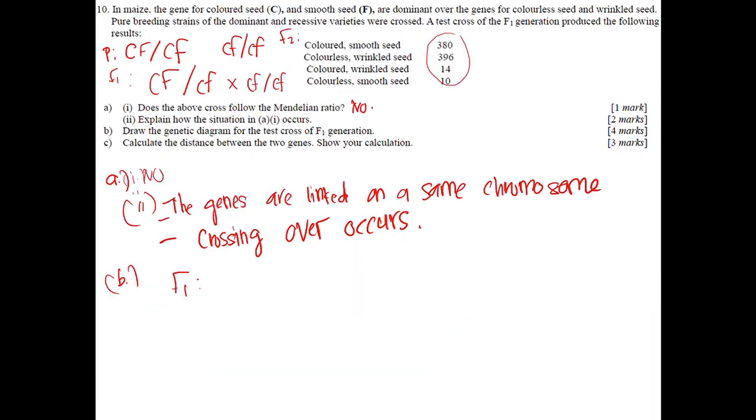And the last question, C. So kita balik guna slide ni. So C. Okay, calculate the distance between the two genes. Okay, so show your calculation. So ni kita guna formula COV. So equal to, biasakan diri tulis je full formula tu.